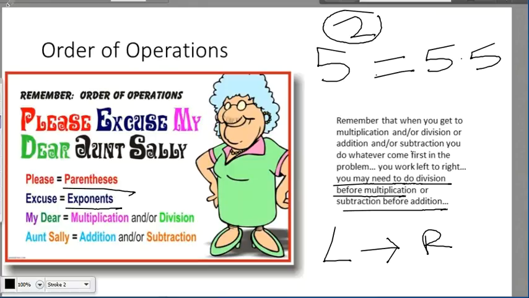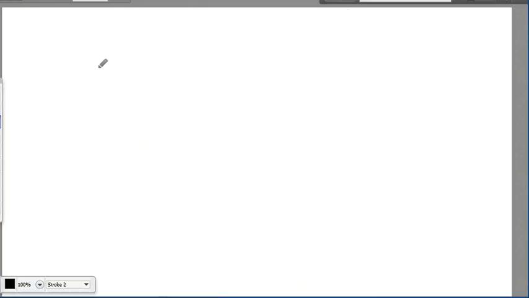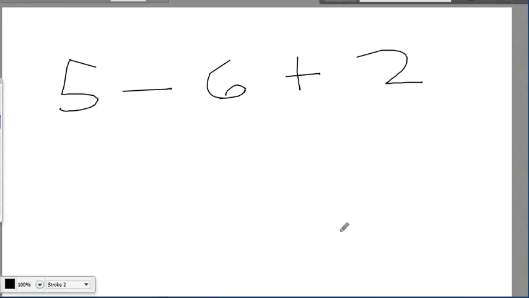Okay, so let's say you have a numerical expression that you're simplifying. So let's say you have 5 minus 6 plus 2. Okay, if we're going to follow the order of operations to simplify this, we don't have any parentheses, we don't have any exponents, we don't have any multiplications or divisions, but we do have a subtraction and an addition.